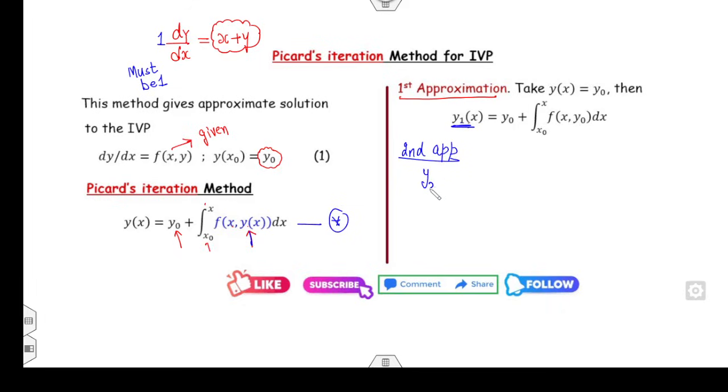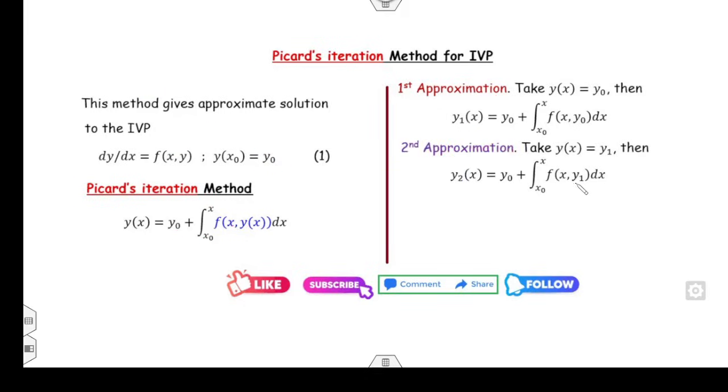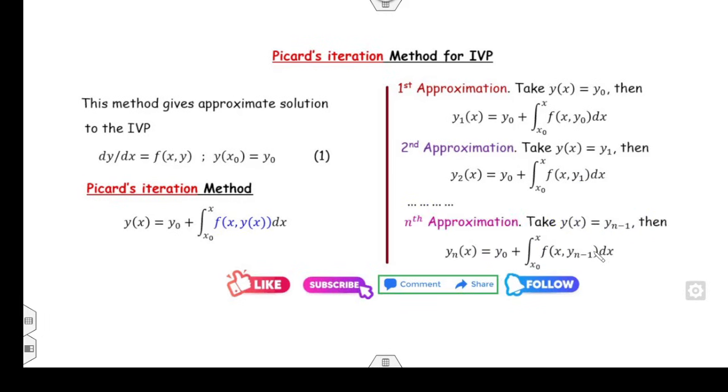We will get the second approximation, defined as y naught plus the integration of f of x comma y1. Similarly, we can find the third approximation, y3, which is equal to y naught plus the integration from x naught to x of f of x comma y2, and so on. Similarly, we can find the nth approximation, defined as y naught plus the integration of f of x comma y of n minus 1.